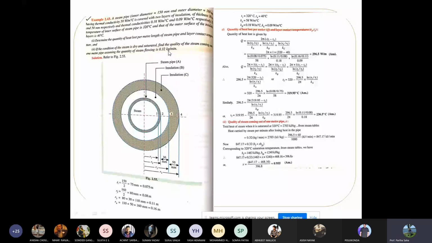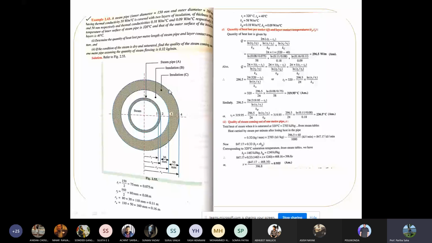So here you see there is steam flowing inside a diameter of 150 millimeter. Then the outside diameter is 160 millimeter. There are two insulations. You can see insulation B is this one, and insulation C is this one, right?